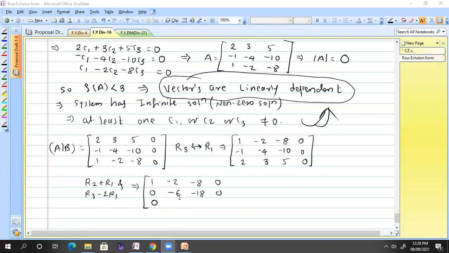You have 7 here. Oh my God, still 7 is not working. Tell me, what is the rank? Rank is 2. So how many free variables you have then? 1. So find out the values of C1, C2, C3.